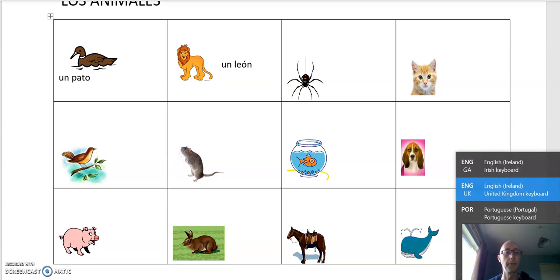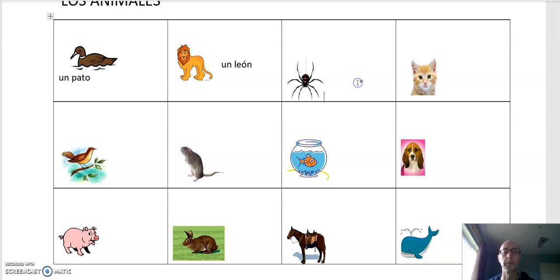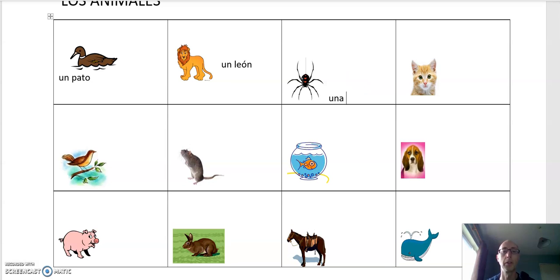Un león, with an accent. ¿Cómo se dice en español? Una araña. Let's go through them without actually writing the words first. ¿Cómo se dice en español? Es un gato. ¿Cómo se dice? Un pájaro. ¿Cómo se dice? The mouse, not a rat. Un ratón. So be careful, it's a false friend. Ratón is a mouse.